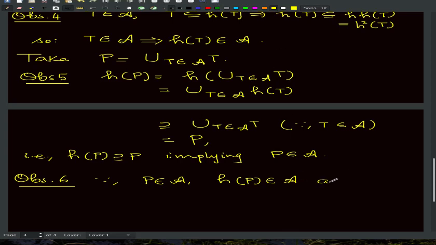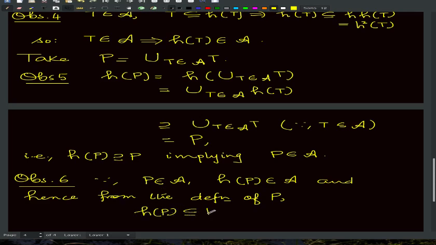And hence, from the definition of P, h(P) is a subset of P. Therefore, P is a fixed point, which then completes the proof.